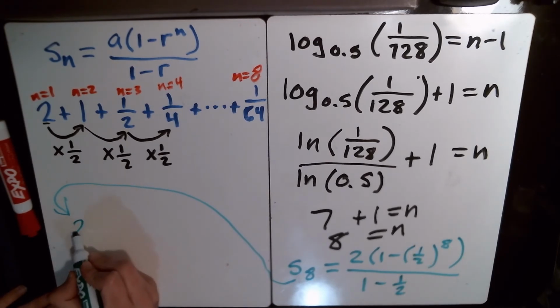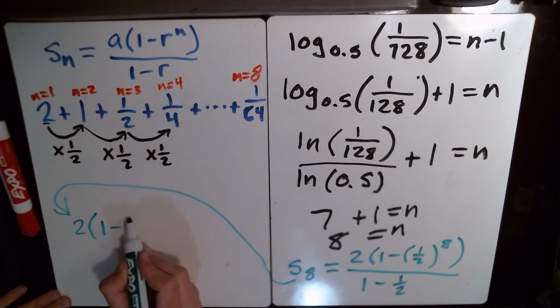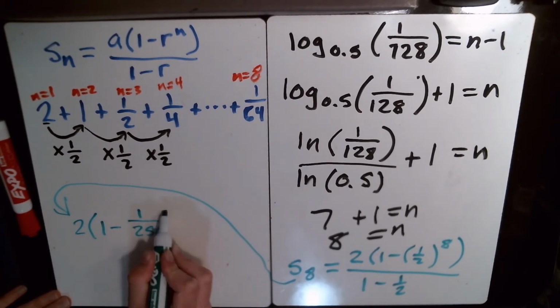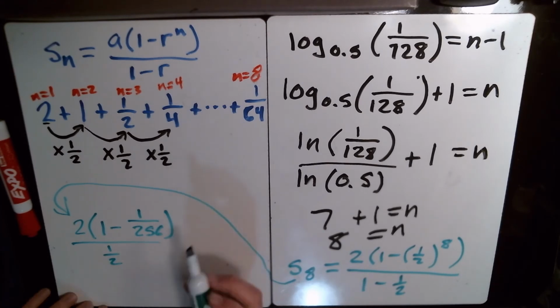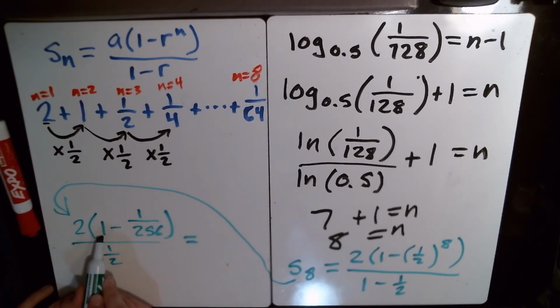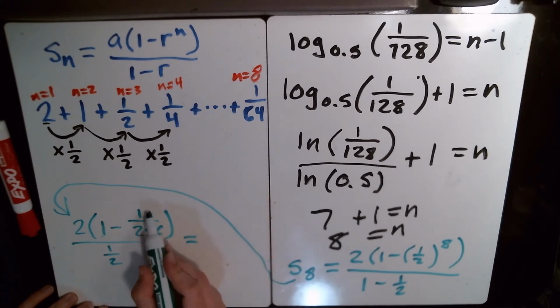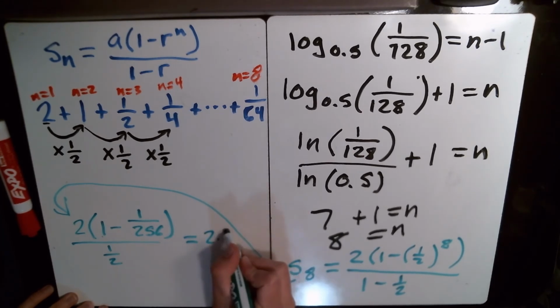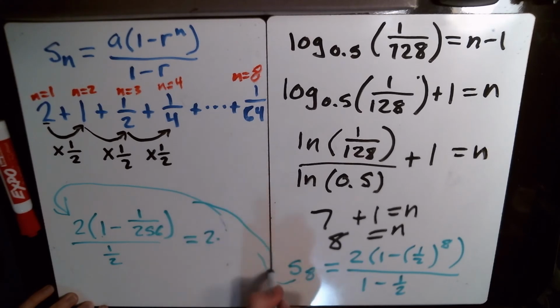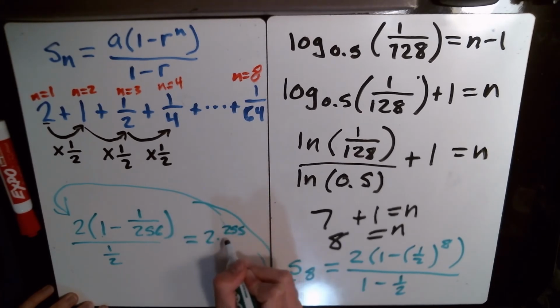So we get 2 times 1 minus 1 over 256, divided by 1 minus 1/2, which is 1/2. 1 is 256 over 256, and then we take away 1 from that, so that's 2 times 255 over 256 divided by 1/2.